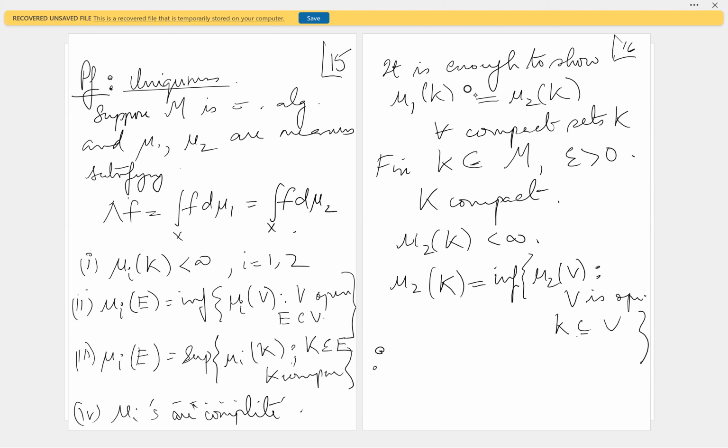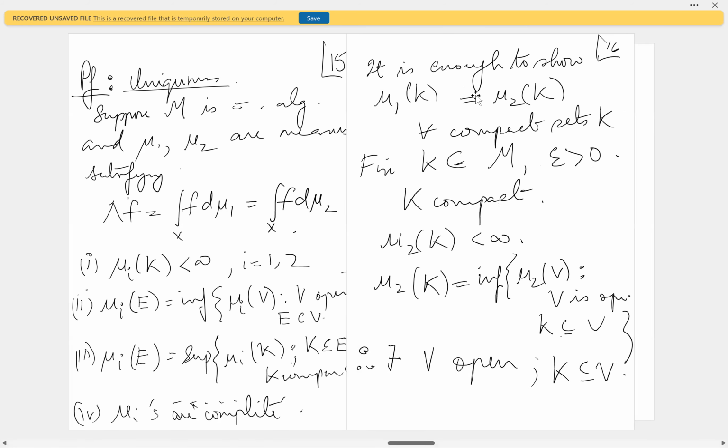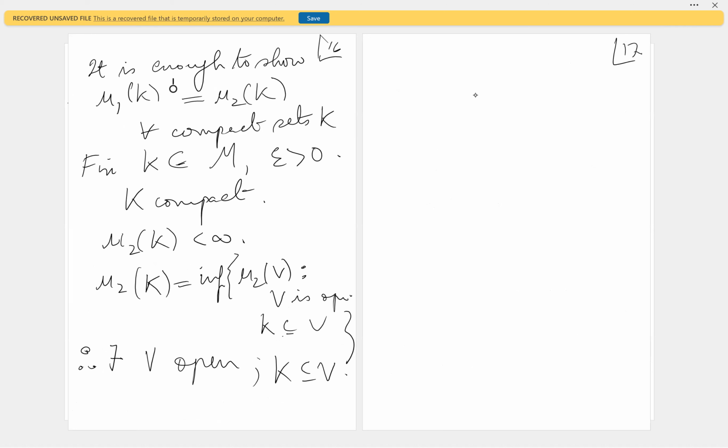Therefore, there exists an open V such that mu2(V) is less than mu2(K) plus epsilon, because it's no longer the inf.